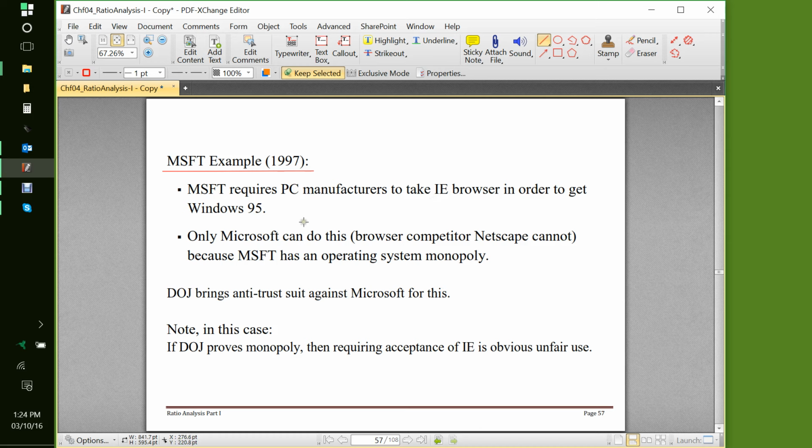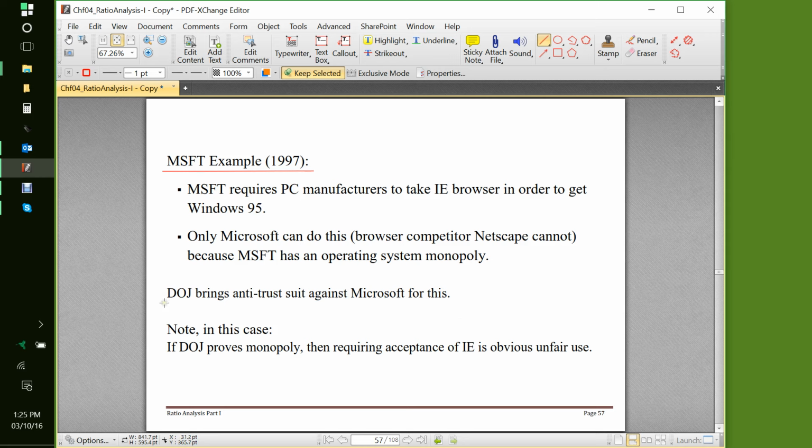Clearly only Microsoft could offer the purchasers of Windows 95, companies like Dell and Hewlett-Packard, anybody making and selling PCs, the browser. Microsoft's main competitor, Netscape, could not do this because they're not selling Windows 95. Microsoft could do it because it had the monopoly on the operating system.